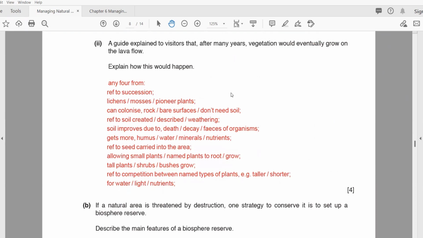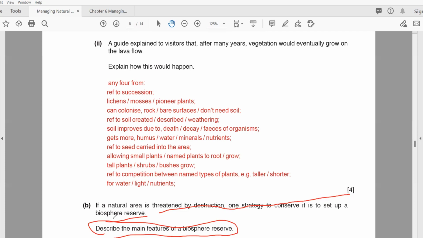If a natural area is threatened by destruction, one strategy to conserve it is to set up a biosphere reserve. Describe the main features of a biosphere reserve. Remember biosphere reserves? Not in this chapter, we studied it in the other chapter, the atmosphere chapter.